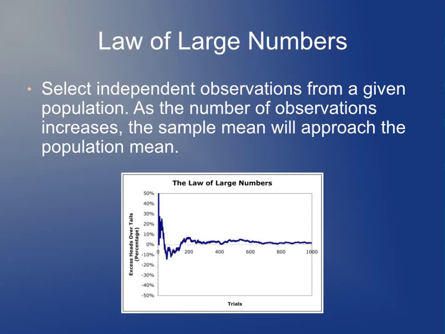This picture here shows a computer simulation where they looked at the proportion of heads when they simulated tossing coins. Early on there were a lot of extra heads, but over time the observed proportion of heads became very close to the expected proportion of heads.